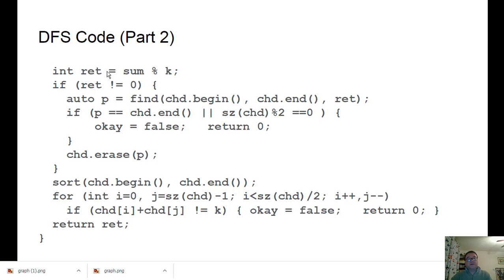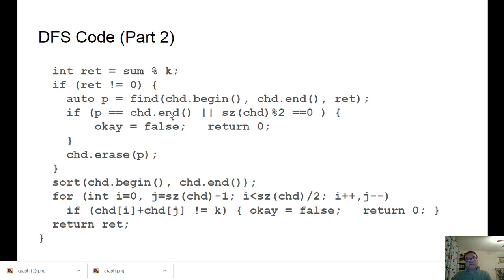I first compute the remainder mod k. If it's not 0, then that means there has to be exactly one path that has that remainder, and I want to get rid of that. And the rest of them have to match up to be length k. So what I'm doing is I find the value in here.